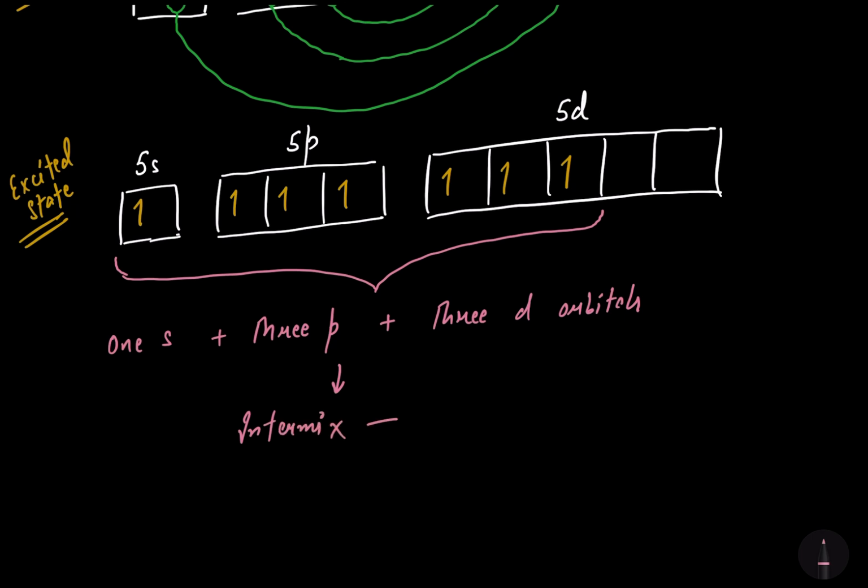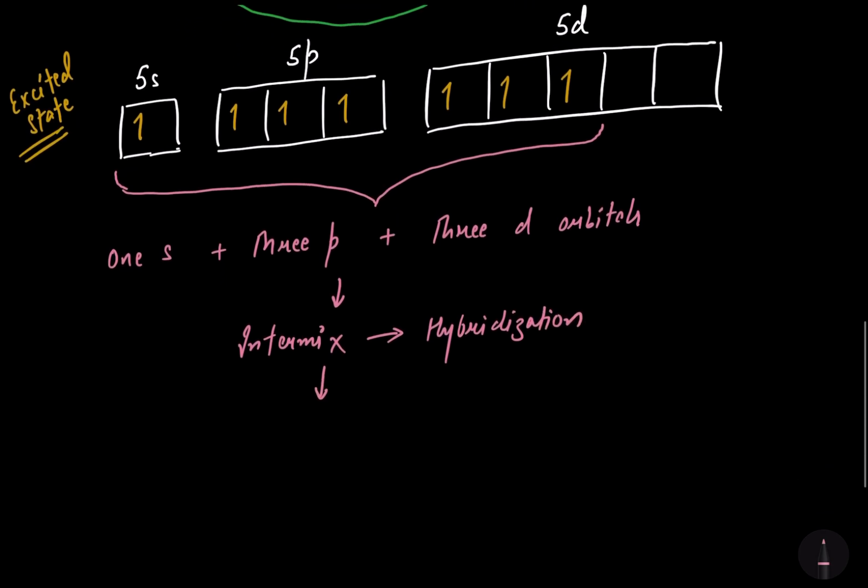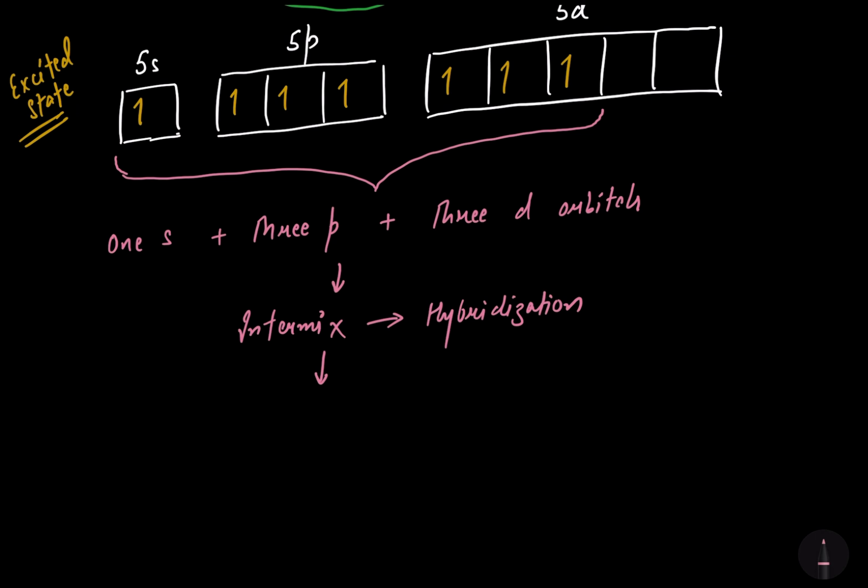Now this intermixing of atomic orbitals is called hybridization. In this intermixing procedure, we are involved with 7 atomic orbitals, the 1 from s, 3 from p and 3 from d. So total 7 atomic orbitals are mixing. So we will have 7 new hybrid orbitals.